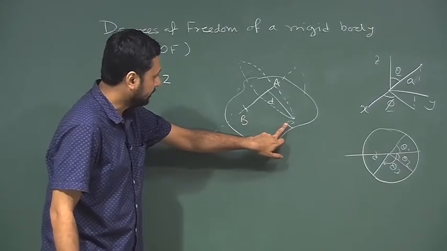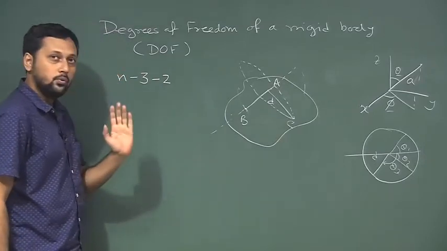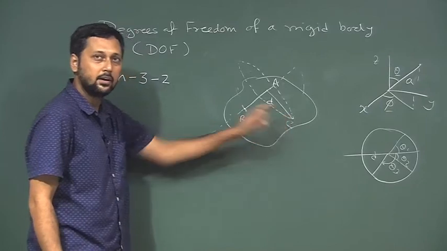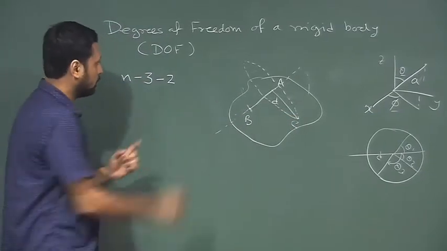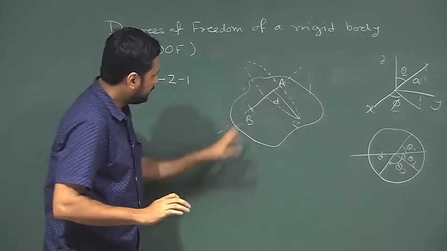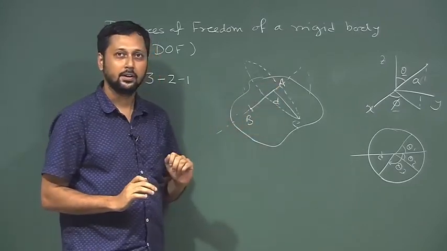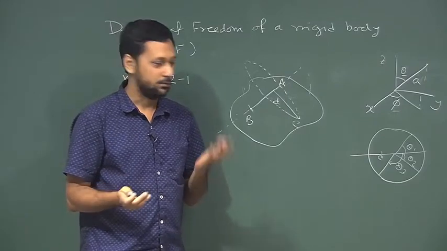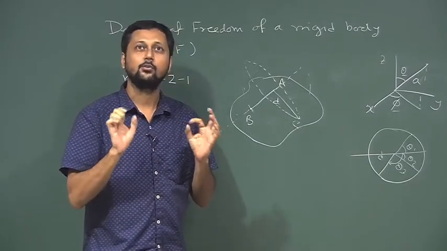position of C. So, now if we fix C as well, how many degrees of freedom do we take away from the rigid body? One more. And now consider the case where this rigid body has 3 fixed points. Can the rigid body move anymore? No, right? If you fix 3 points in a rigid body, it cannot move anymore.